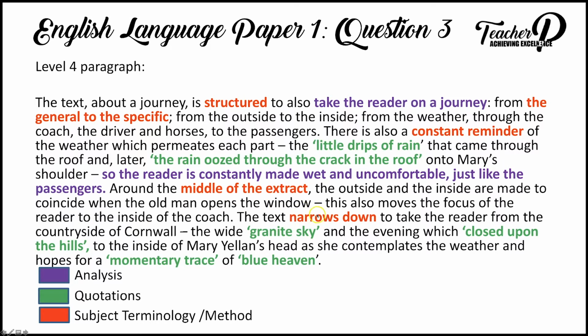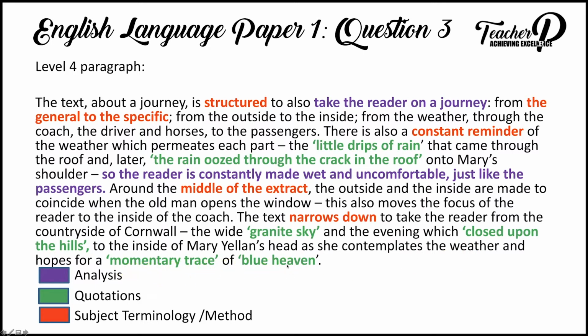"The text then narrows down to take the reader from the countryside of Cornwall, the wide granite sky, and the evening which closes upon the hills, to the inside of Mary Yellen's head as she contemplates the weather and hopes for a momentary trace of blue heaven."